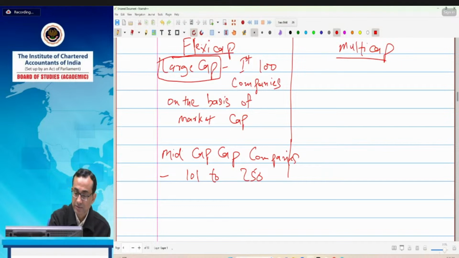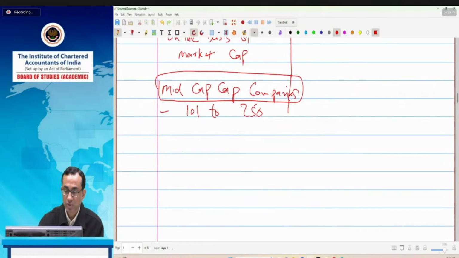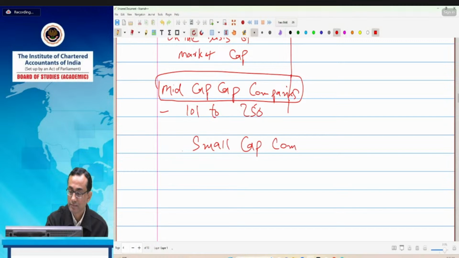That is called mid cap companies. And next comes the small cap companies. Small cap companies means 251 onwards.